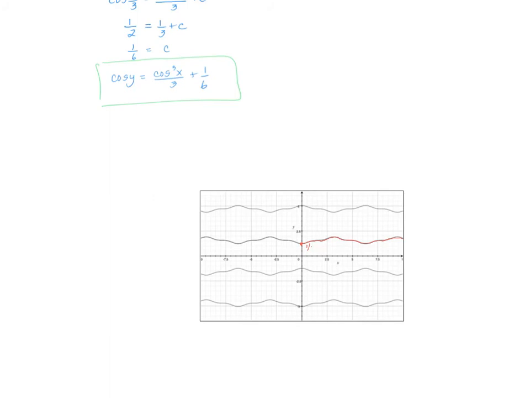So this would be my solution curve that corresponds to cosine of y equal to cosine cubed x over 3 plus 1/6.